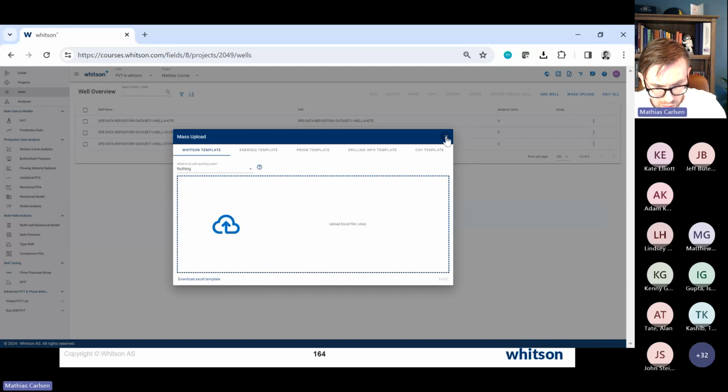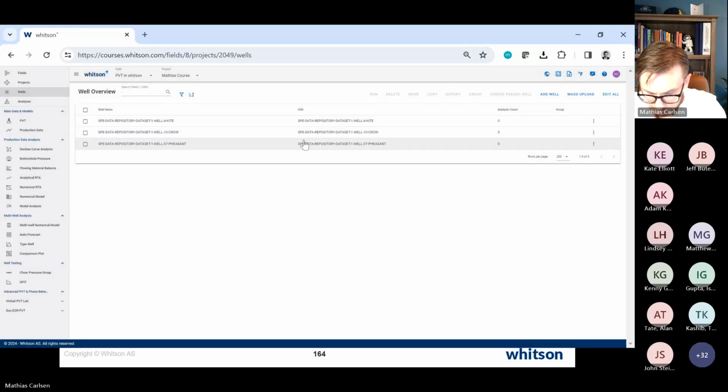I've done that already for these 3 wells. I'll show that one more time. When you're inside the project, click mass upload up to the right.